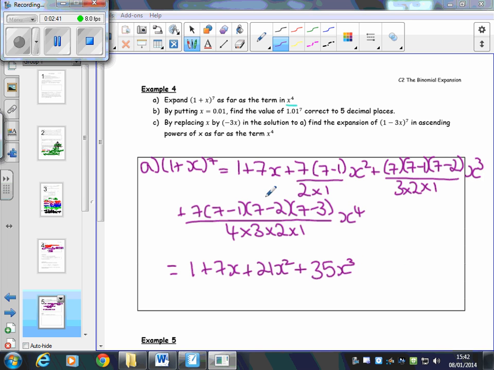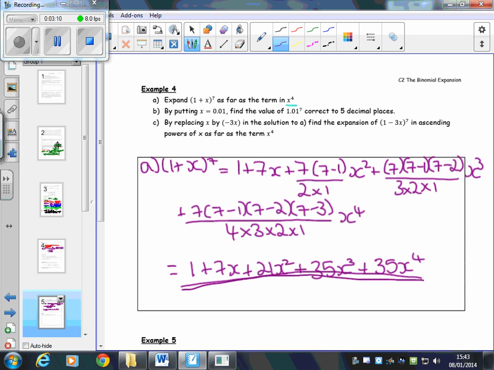And then our x to the power of 4 term, we have 7 times 6 times 5 times 4, which gives us 840. 840 divided by 24 will give us 35x to the power of 4. So that is our final expansion for 1 plus x to the power of 7 up to the x to the power of 4 term.